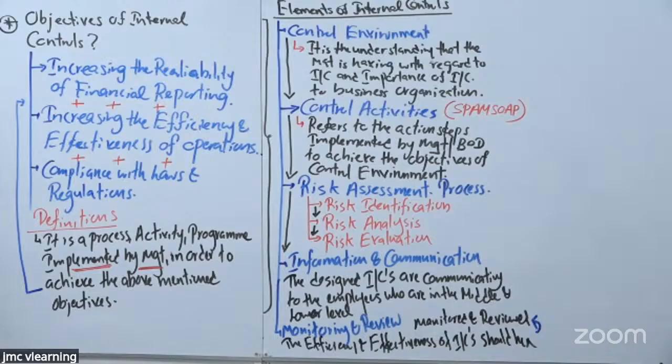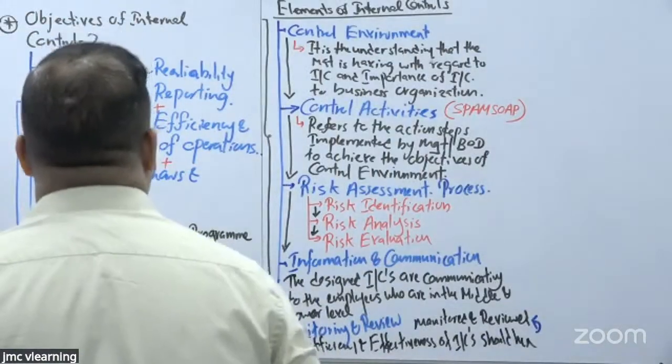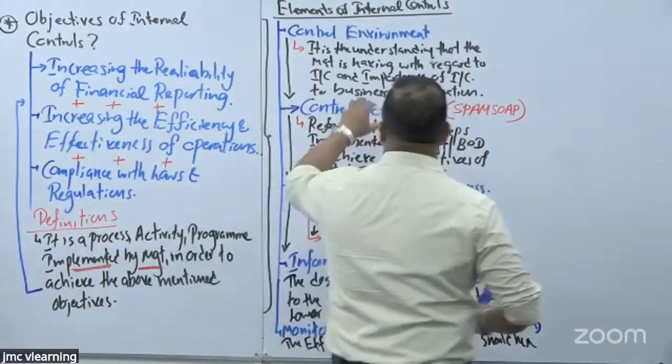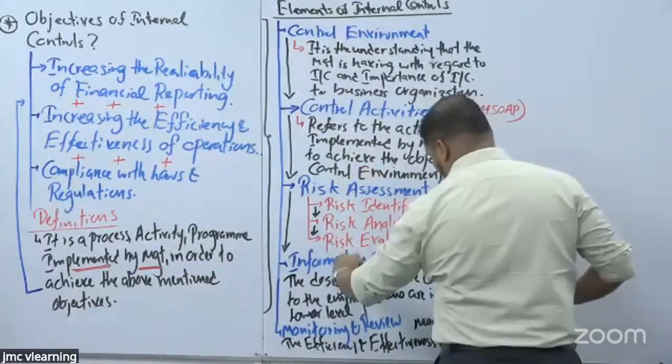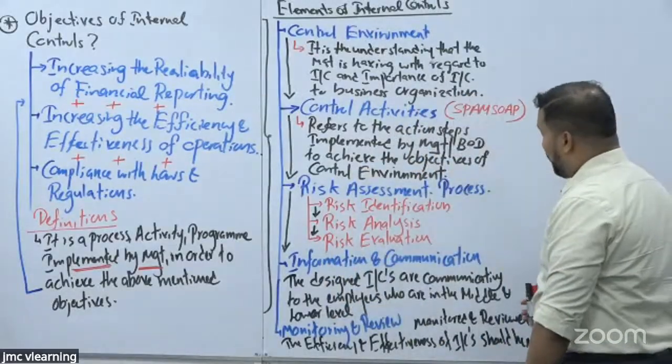Who purchased the vLearning pack? Right, okay. So are we clear on the elements? You do have the control environment, control activities, then risk assessment, information and communication, monitoring and review.